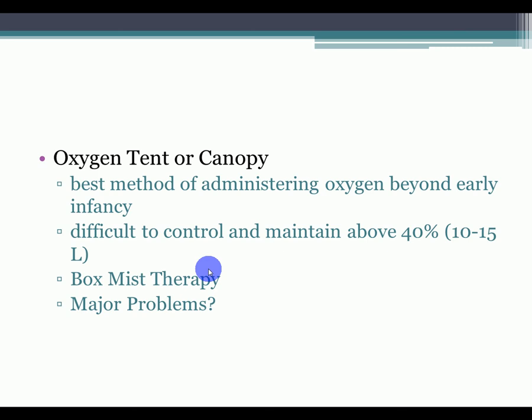So when you're opening and closing that tent, it makes it very difficult. So you need to keep it closed and sealed, and that can be a major problem. If you think about it, oxygen is actually heavier than air, so it settles on the bottom. So every time you open that, the oxygen is being released.